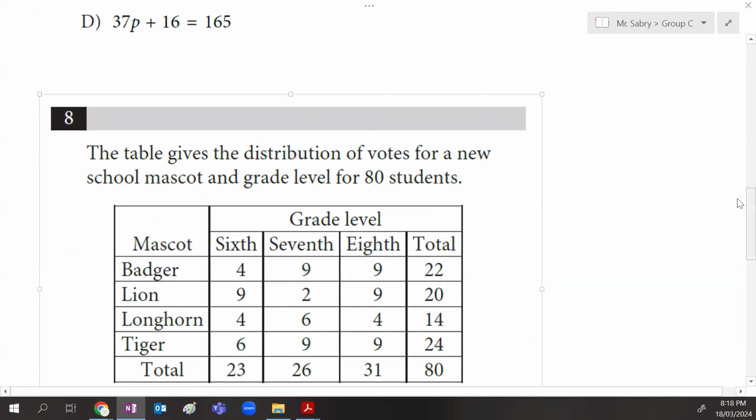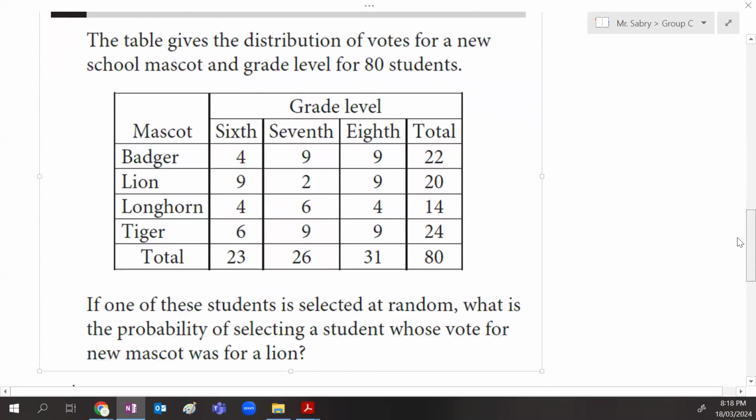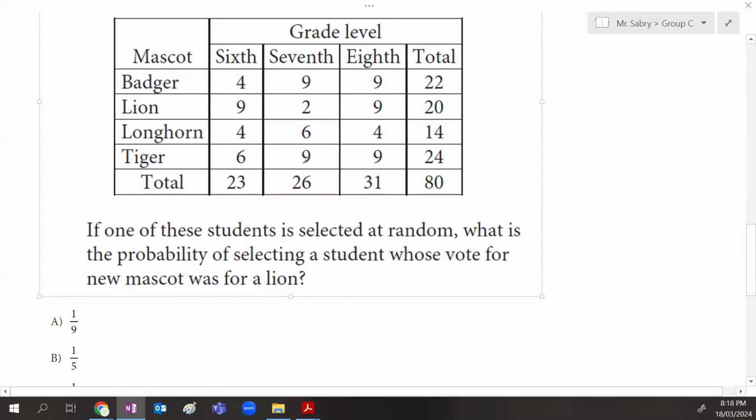Okay, this one, number 8, is a table of different information, and then you're asked about the probability. Whenever you see the word probability, you'll be thinking right away of the rule we know: wanted over total, because probability, percentages, and fractions, the rule for the three of them is wanted over total.